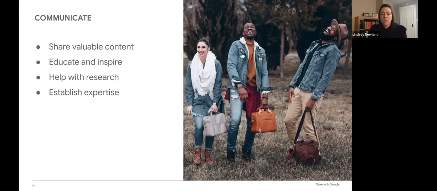And then on top of that, you're able to establish expertise. You're able to demonstrate to people that you know what you're talking about. In this case, it would be the fashion sense and maybe the durability of the product, if they're able to demonstrate different ways and different uses for their product.